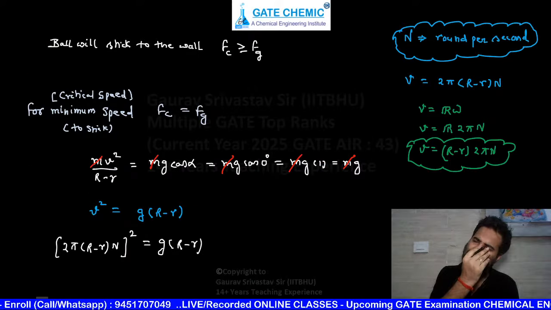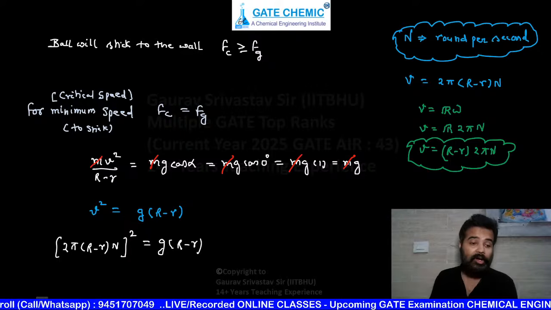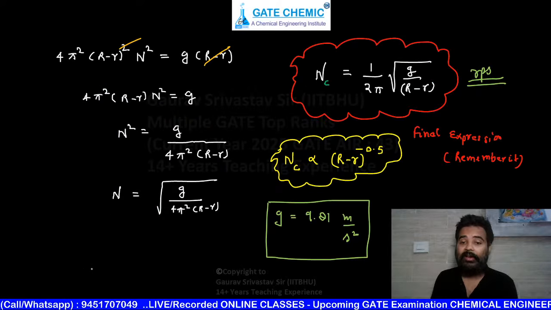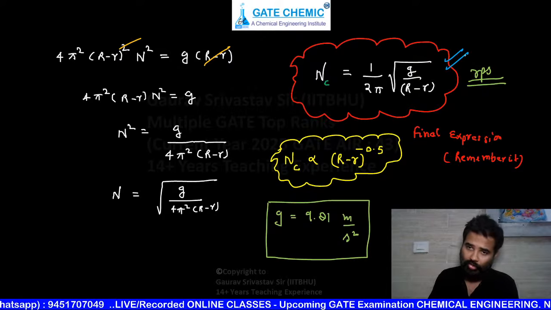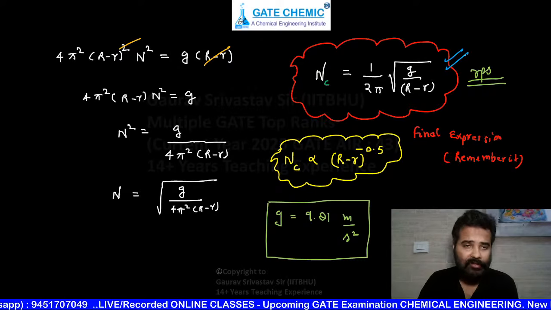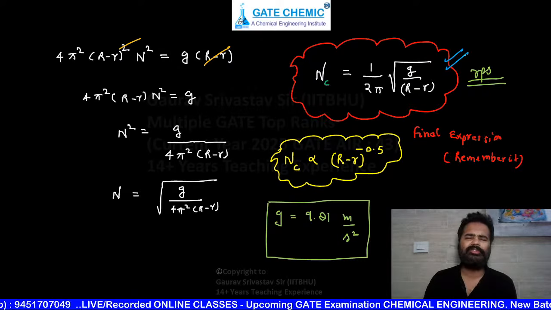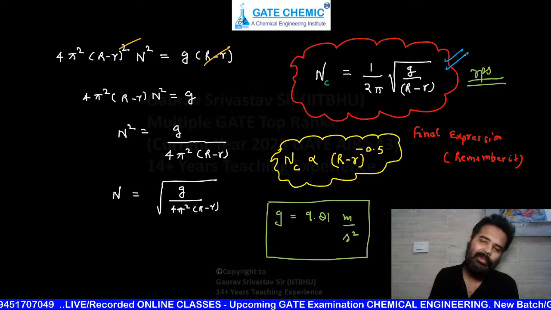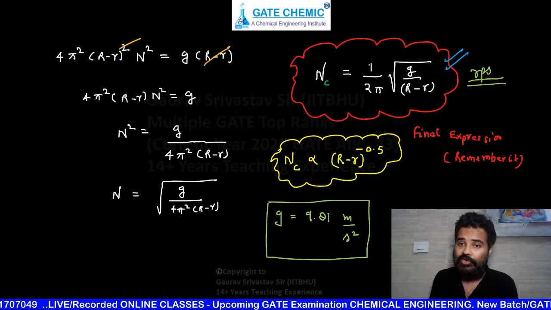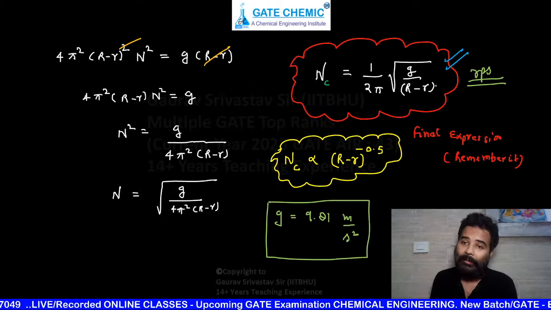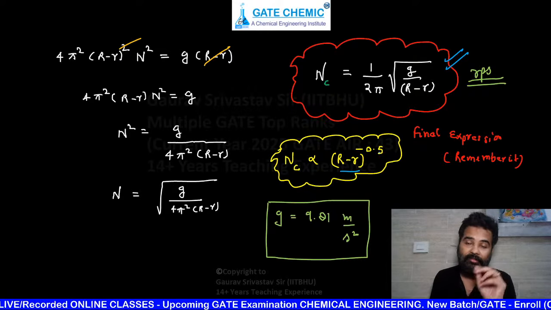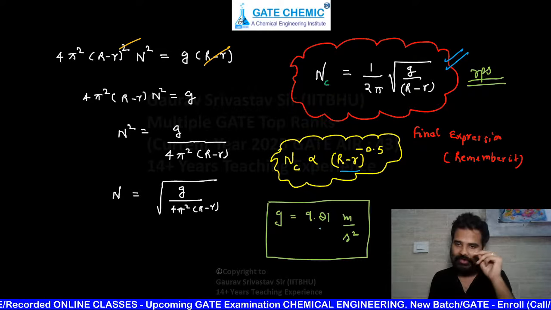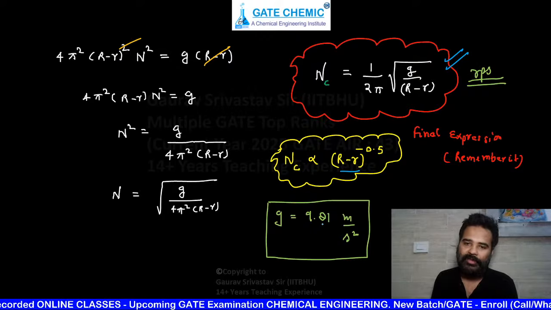No need to see the derivation; it is not important for your marks in the GATE examination. So come directly to the result, because this is a crash course, not the full course. In the full course you will see the detailed derivation, but it is not important for marks. Just remember this equation: Nc equals 1 by 2 pi root over g upon R minus r. Nc is proportional to (R minus r) to the power minus 0.5. The g value, gravitational acceleration, is 9.81 meter per second square.